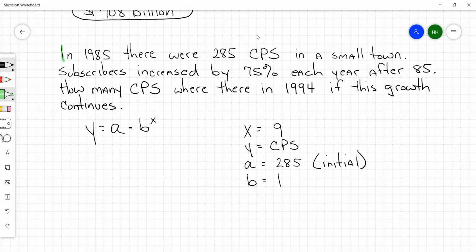So that's going to be 1 plus, what's 75% as a decimal? Very good, 0.75. This is going to be a huge increase, isn't it? So our y is going to be equal to 285 times 1.75 raised to the 9th power.